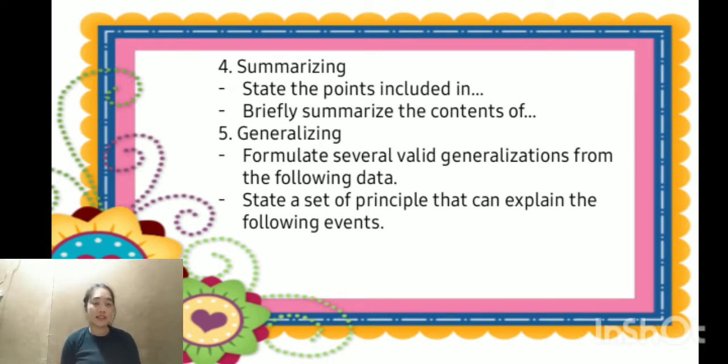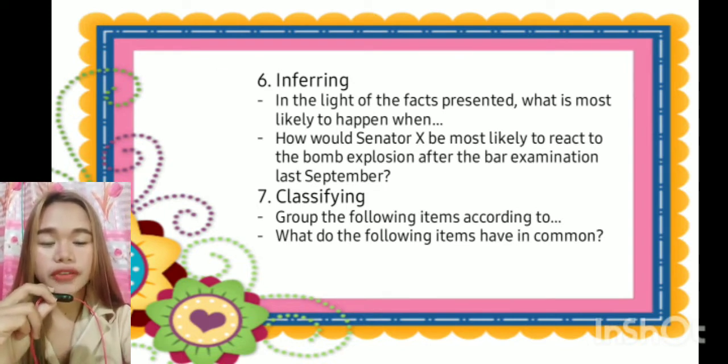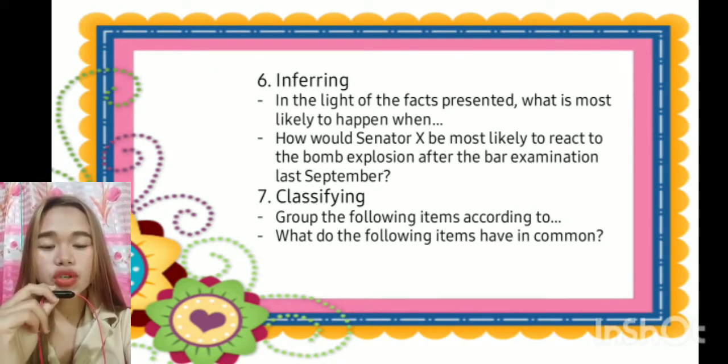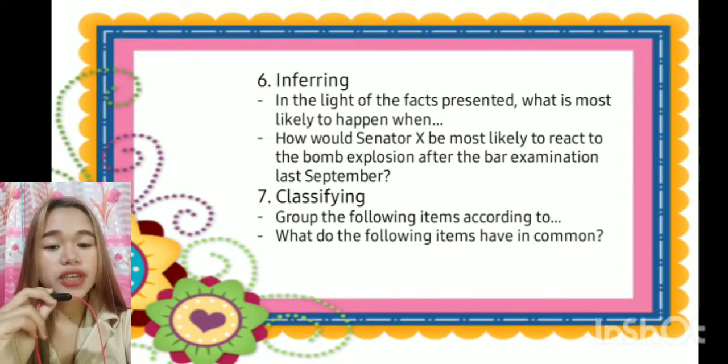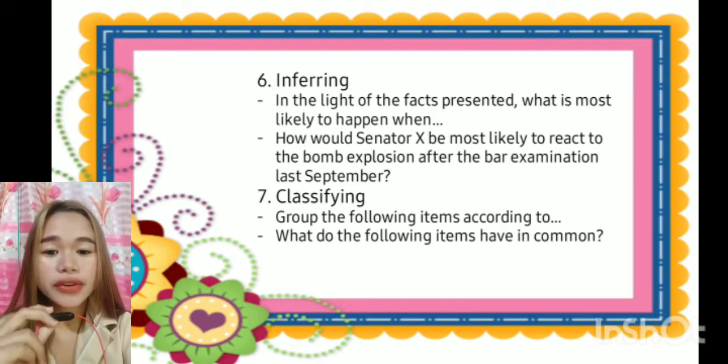For instance, the elements can be people, animals, events, or other objects. So that is generalizing. We are done with the first 5 objectives of essay questions, which are comparing, relating cause and effect, justifying, summarizing, and generalizing.